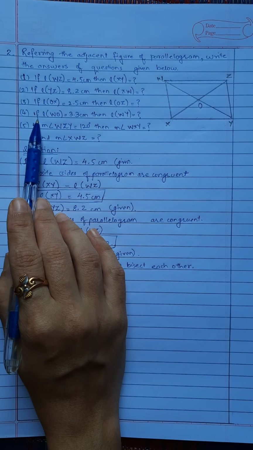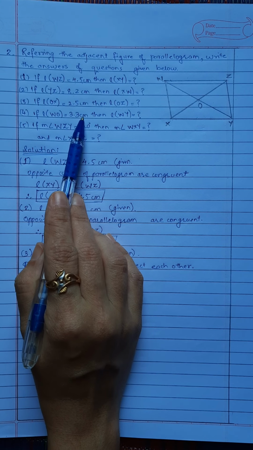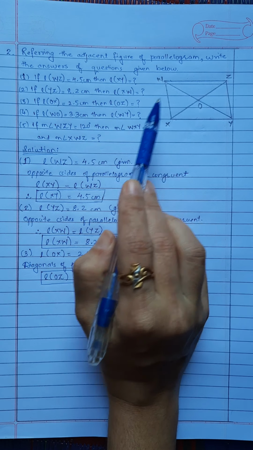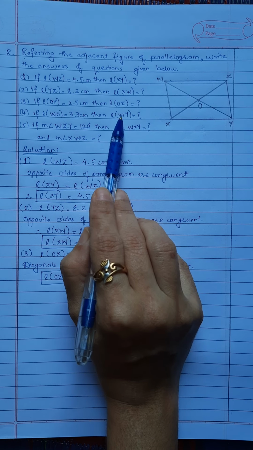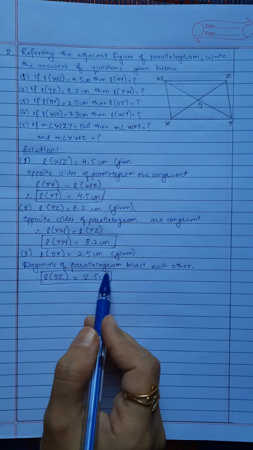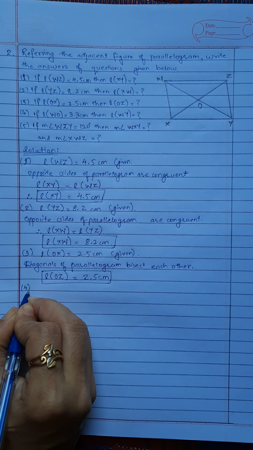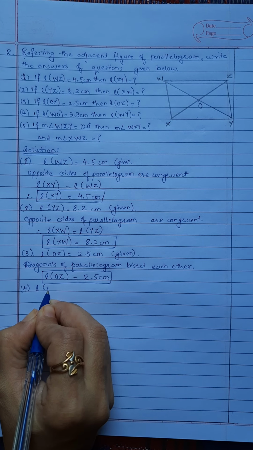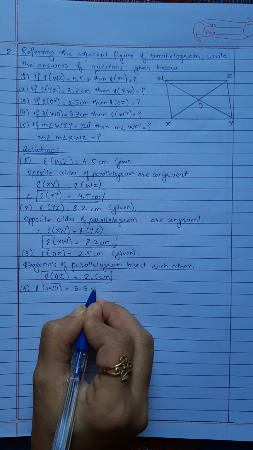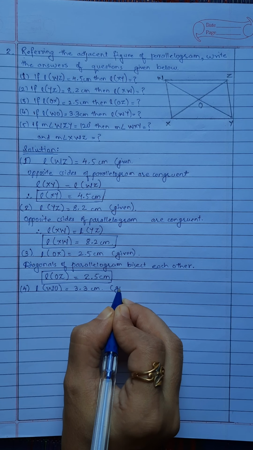The next is the fourth one. If the length of WO is 3.3 centimeters, this is WO, 3.3 centimeters given. You have to find the length of WY, the whole diagonal. Again, using the same property of diagonals, write the given part first. Length of WO is equal to 3.3 centimeters. It is given.